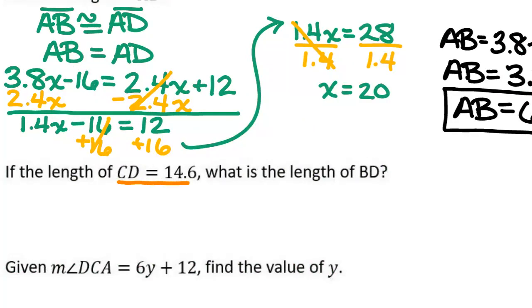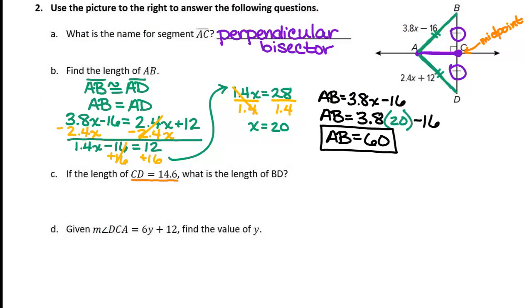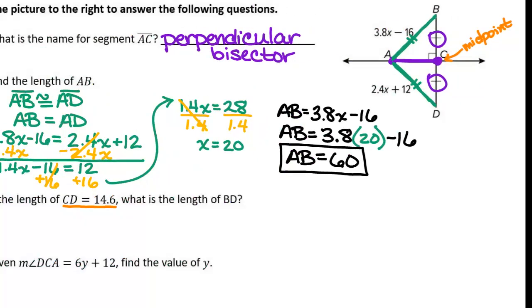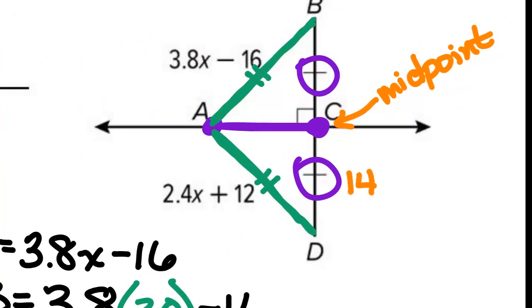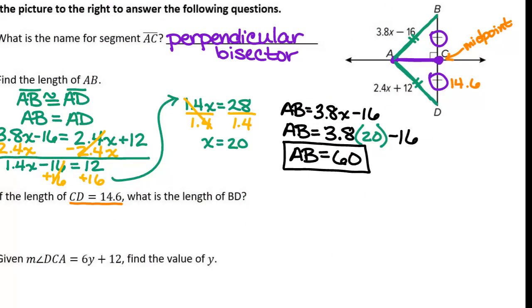It says if the length of CD is 14.6, what is the length of BD? Here's CD, and I want BD, this whole thing. How many segments of size CD would fit in BD? 2.